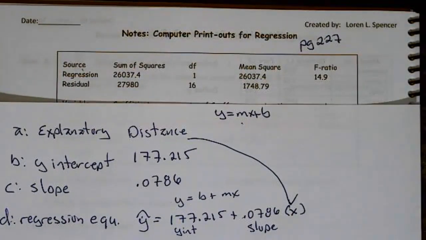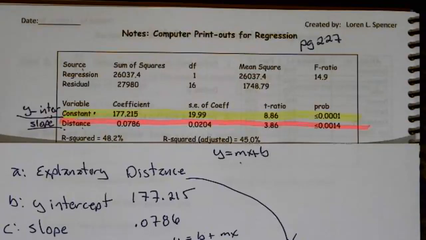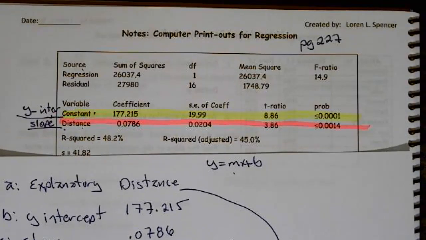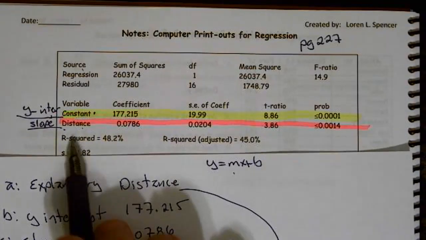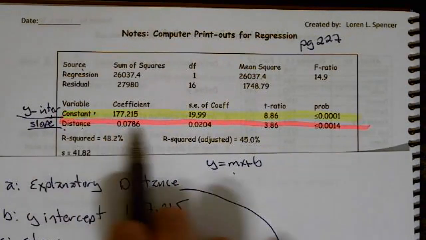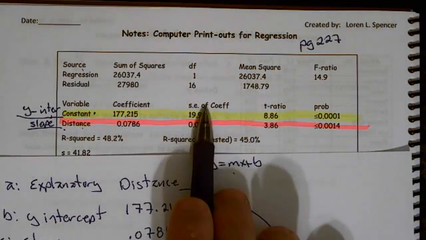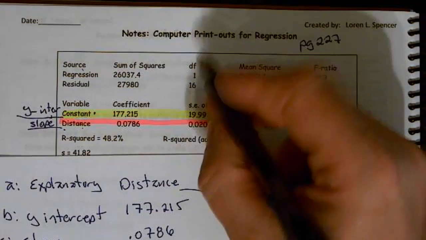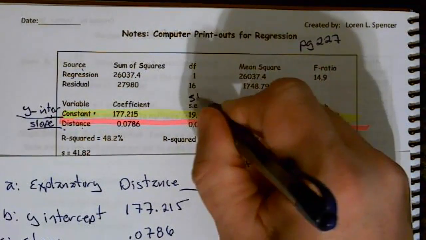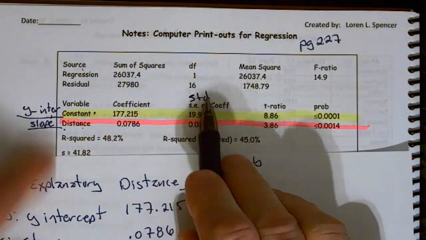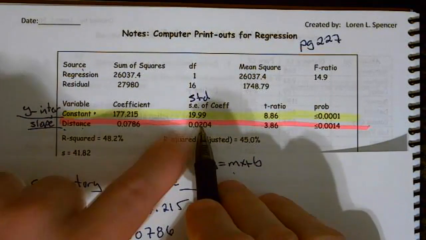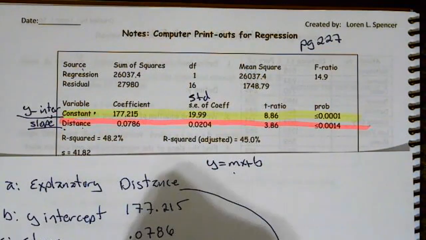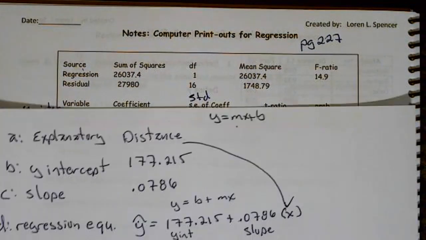The next thing I'm going to ask you for is the standard error of the slope. That means I need to be looking at the slope row, and there it is, SE, standard error. Sometimes they'll refer to it as the standard deviation. And standard error or standard deviation of the slope in this case is just 0.0204.